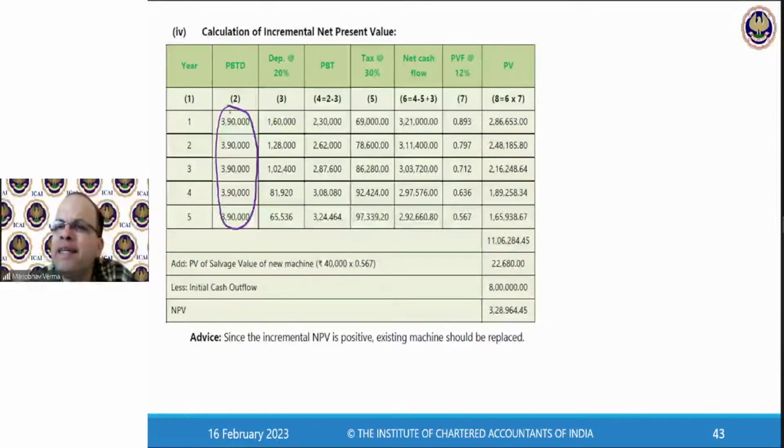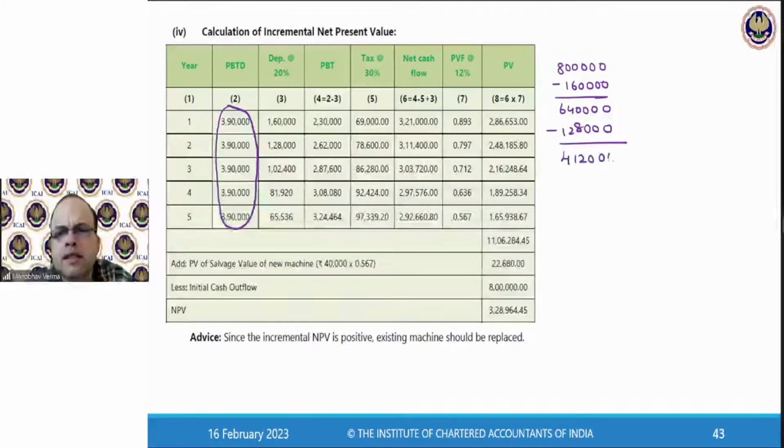Now the problem is the depreciation was WDV. So 8 lakhs minus 20%, 1,60,000, 640. Again minus 1,28,000, sorry. We get 5,12,000.